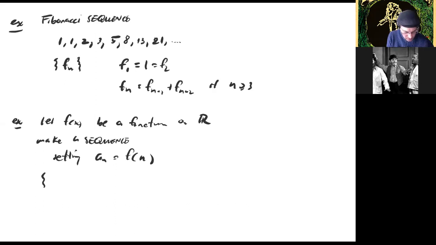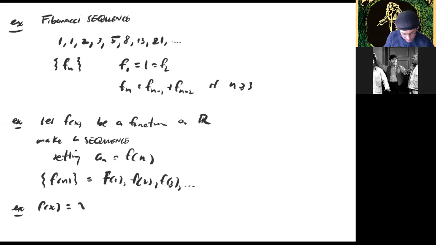We could denote this sequence by f of n. So this is f of 1, f of 2, the value of the function at 2, the value of the function at 3, etc. For example, f of x equals x squared would be the sequence 1 squared, 2 squared, 3 squared, 4 squared, etc.